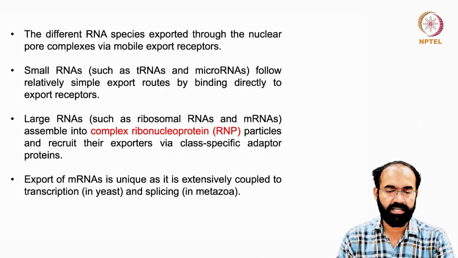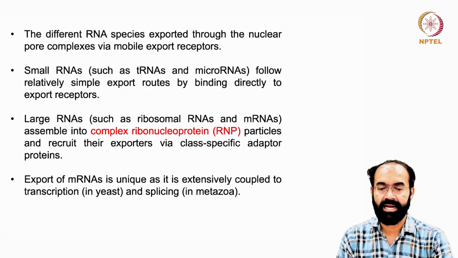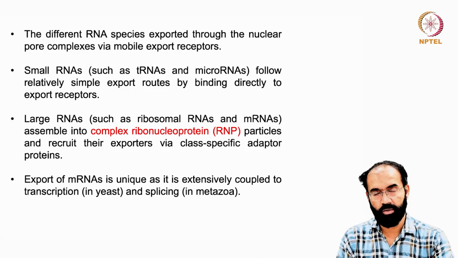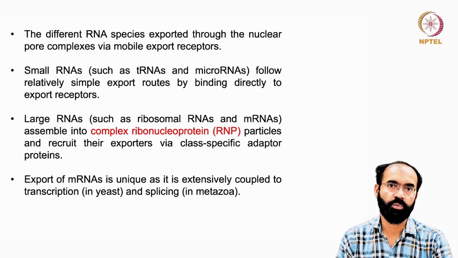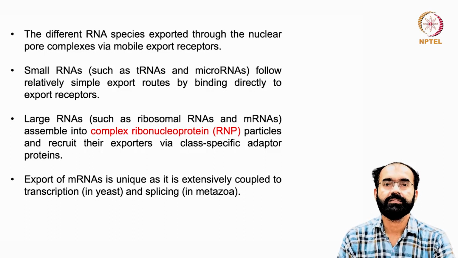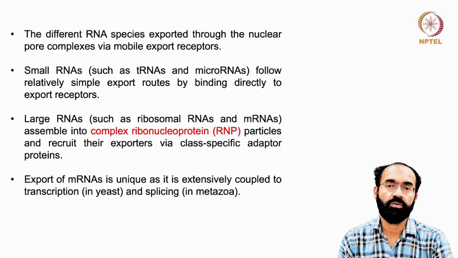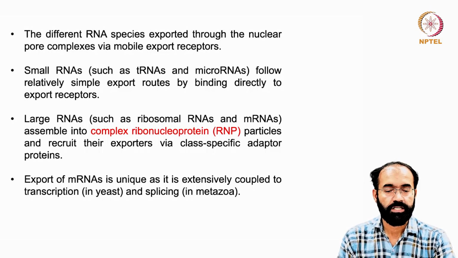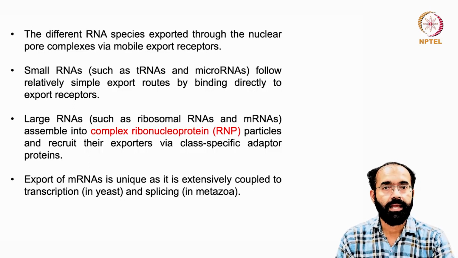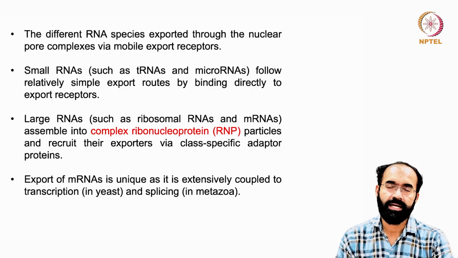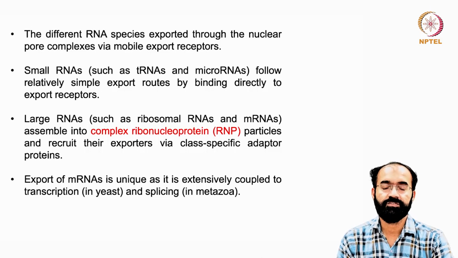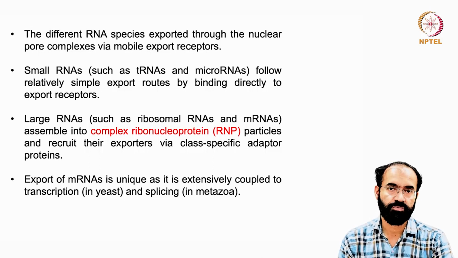And we were here in the previous class and we were discussing the nuclear export and nuclear import of various RNA cargo into and out of the nucleus. So the mRNAs follow a different strategy, a different track, unlike the rest of the RNA, which depends on the RAN GTPase cycle.